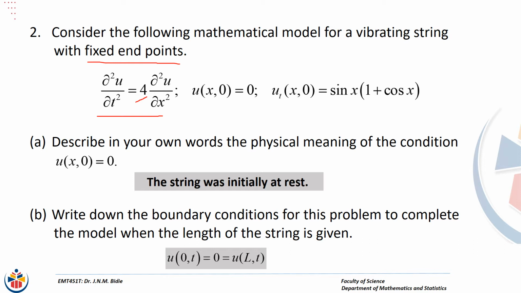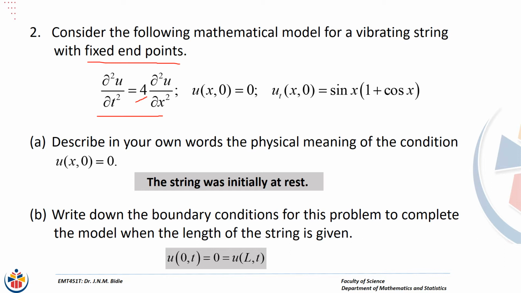It's the same thing. Our value for c, note it's not 4, but it is 2. Remember, it's 1 over c squared. So 4 is c squared. So that means the speed of this wave is 2.